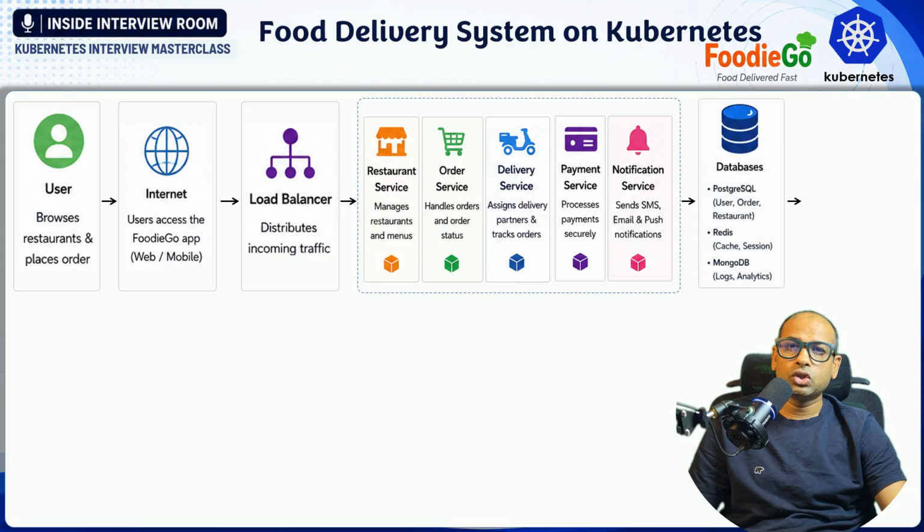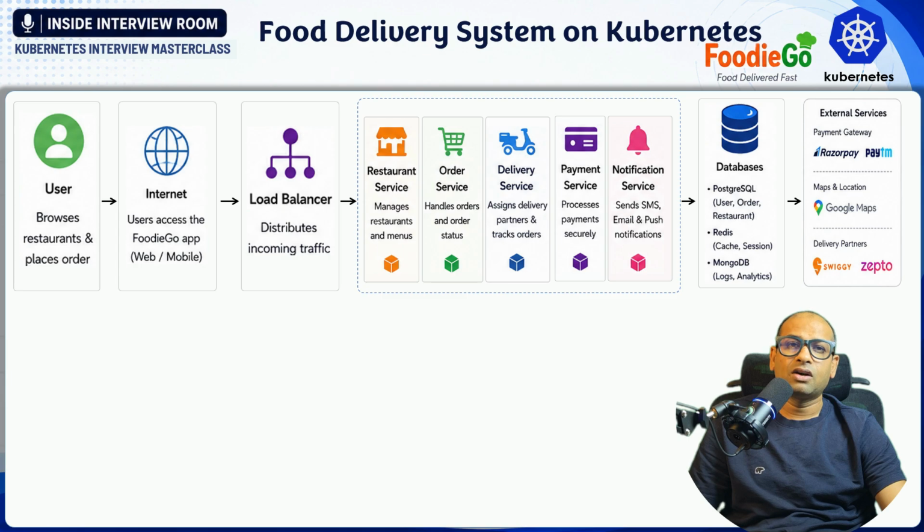Your request goes through all these services, and eventually to the database with user, order, and restaurant data, the cache for sessions, and logs and analytics. External services can be accessed like payment gateways, maps, and delivery partners.